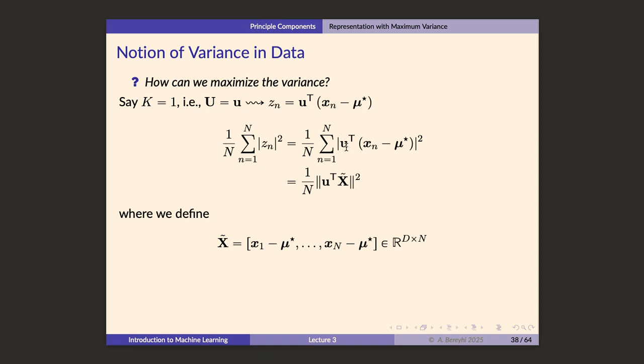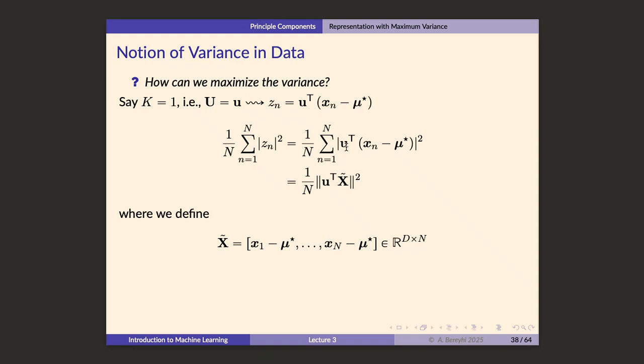So my x tilde is x1 minus mu, x2 minus mu, and so on till xn minus mu. Right? This is my x tilde, correct? This guy is the matrix x tilde, correct? Now, I am multiplying U transpose to this guy.